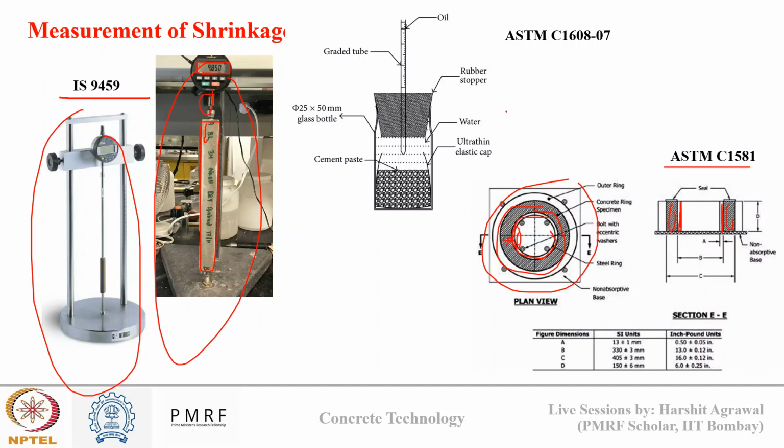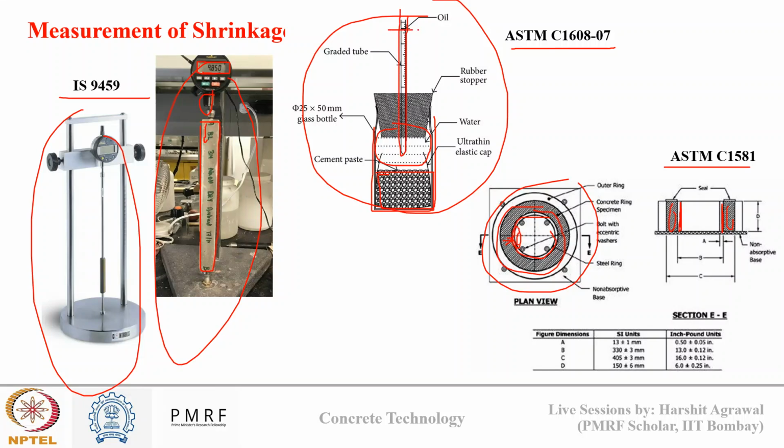And third, this image shows the setup for autogeneous shrinkage in concrete, and this is based on ASTM C1698 guideline. In this you can see there is a tube, this is cement paste at the bottom, and this is water at the top. There is a graduated measurement tube inserted here.